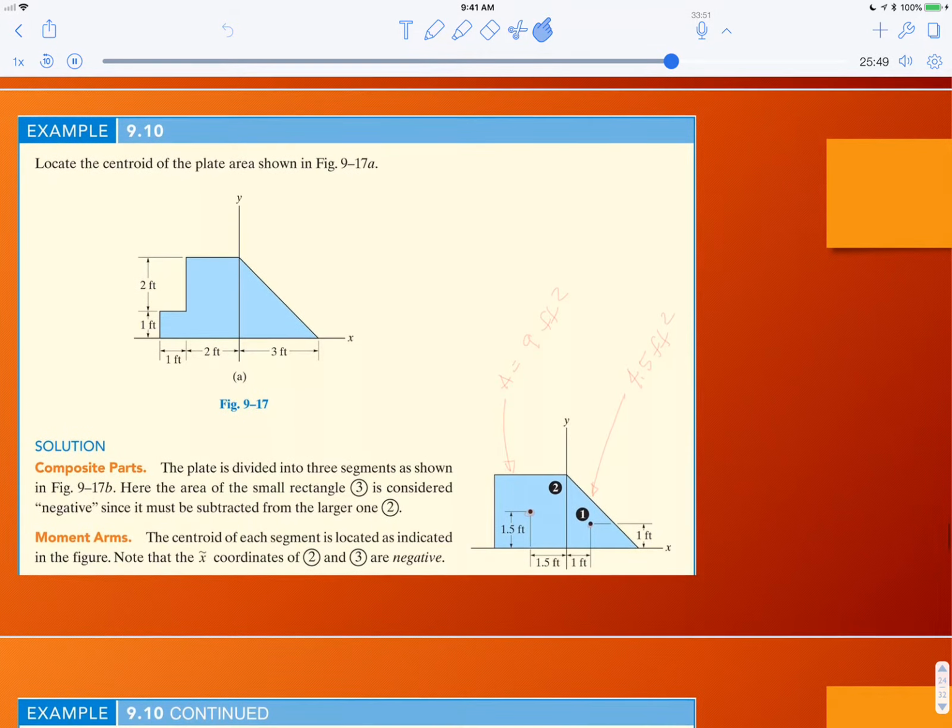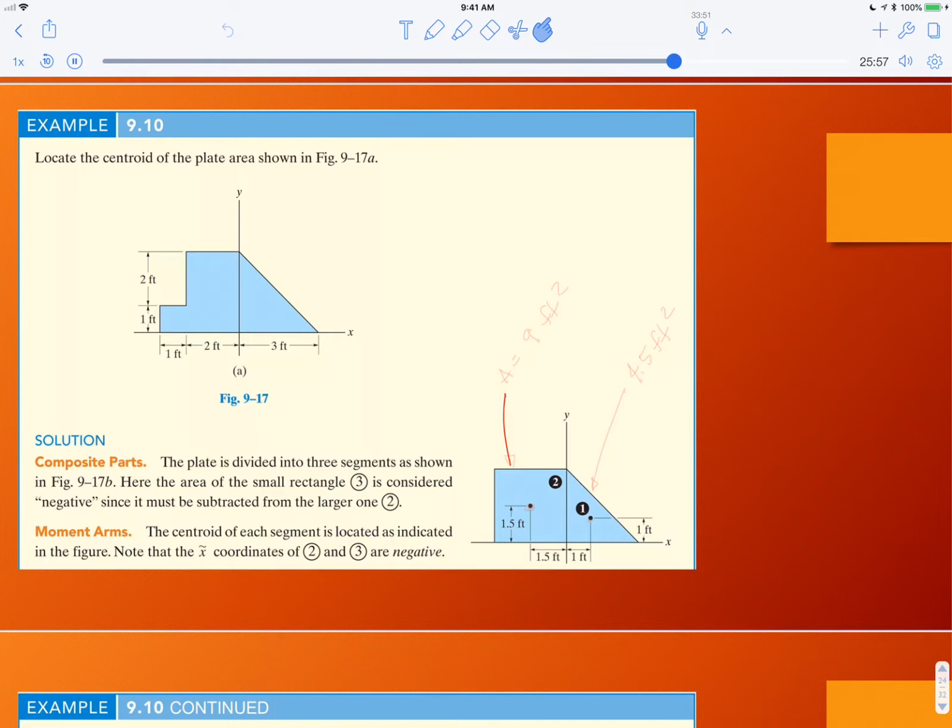So here we go. This big square there is 3 feet by 3 feet, so the area is 9 feet squared. And that is just a 3 feet by 3 feet triangle, so half of that, so that'll be 4.5 feet squared.